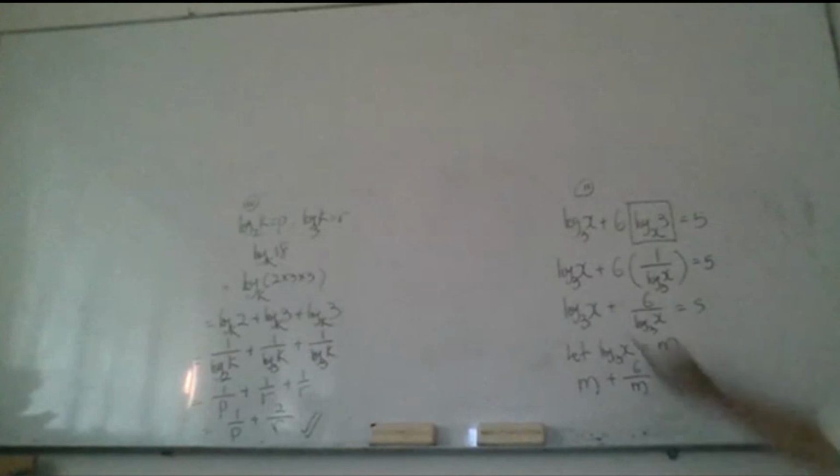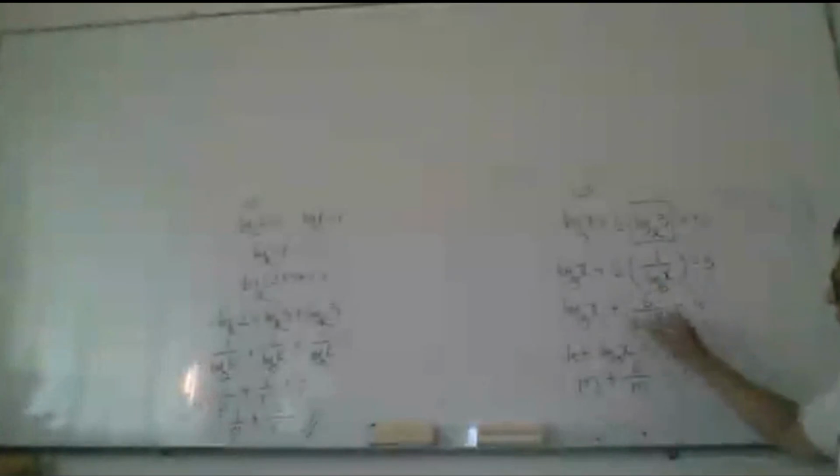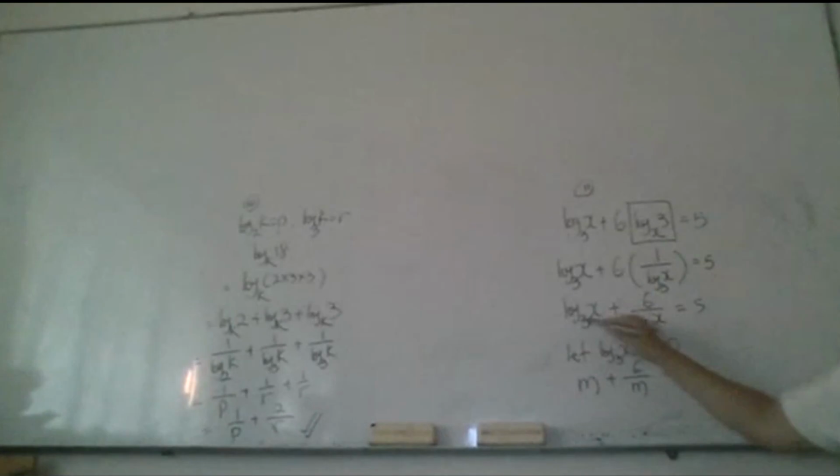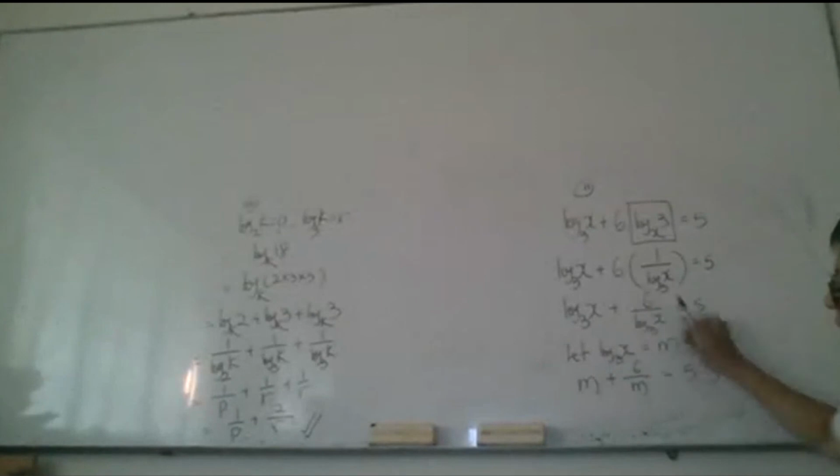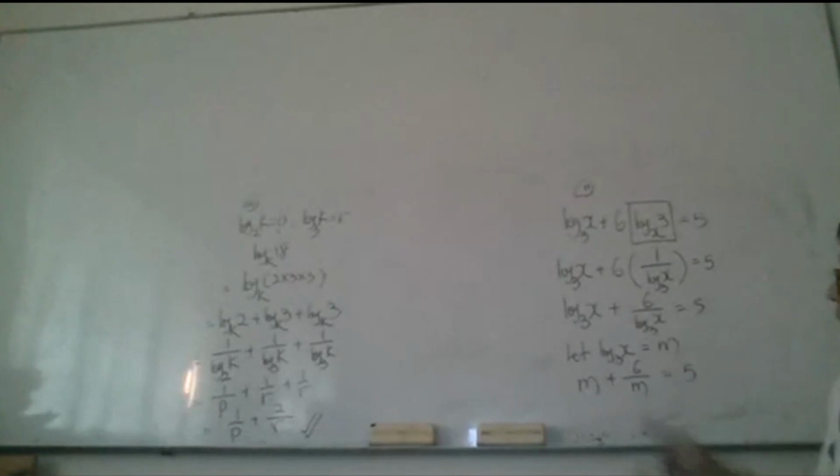Remember, next time if you come across a question like this, where there is an expression in which one of the items has a denominator that is a logarithm, please let log 3 x equal m.